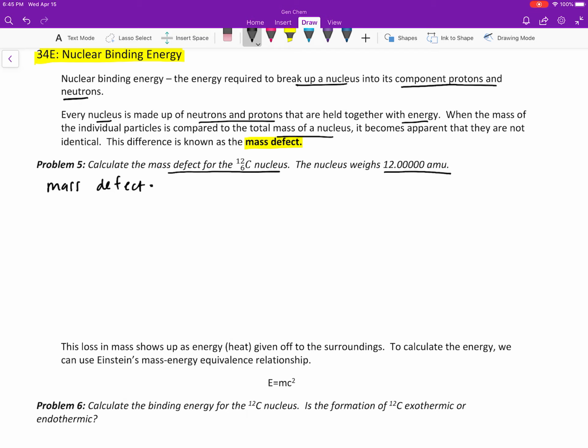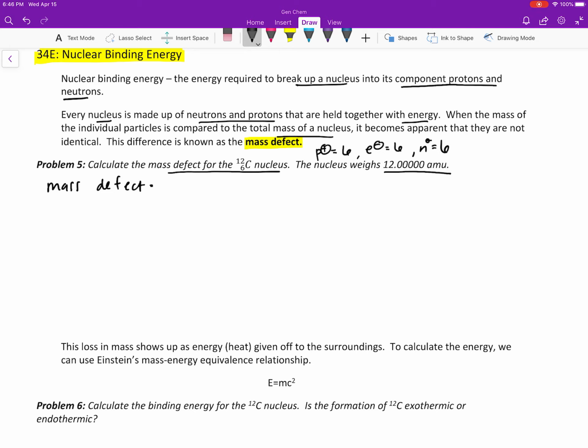So in carbon-12, we're going to have 6 protons, 6 electrons because it's neutral. If it wasn't neutral, there'd be a little sign up at the top, but there's not, so it's neutral. And then because it's carbon-12, we're going to have 6 neutrons.